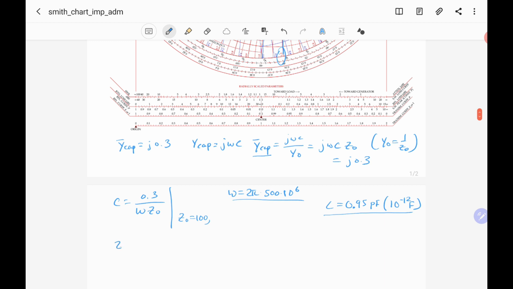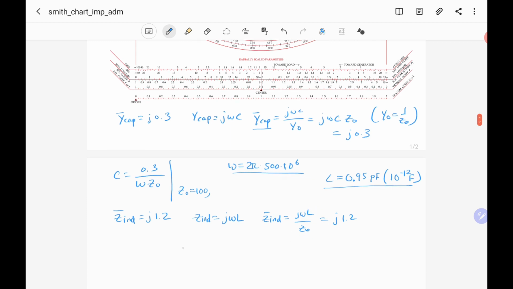And then for the inductance, we calculated j1.2. The impedance of an inductance is j omega L, so the normalized impedance is j omega L divided by Z0. This becomes j1.2. So L becomes 1.2 times Z0 divided by omega.